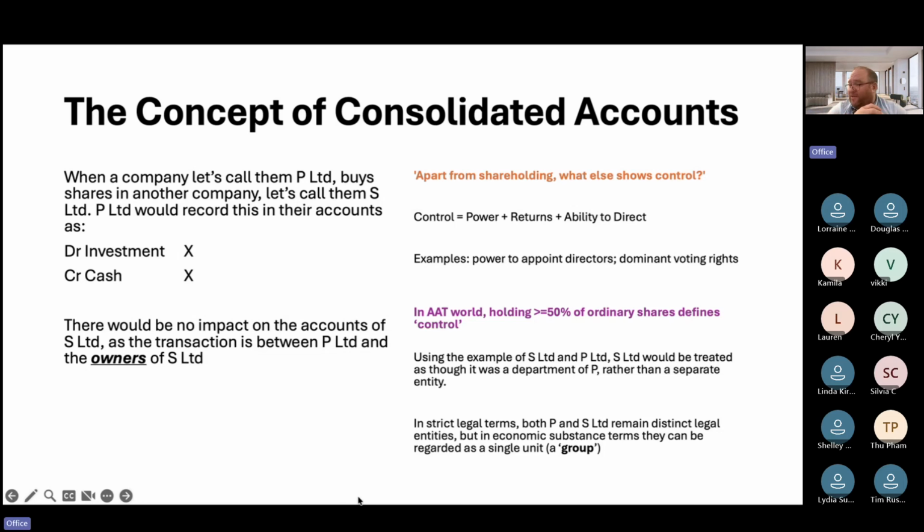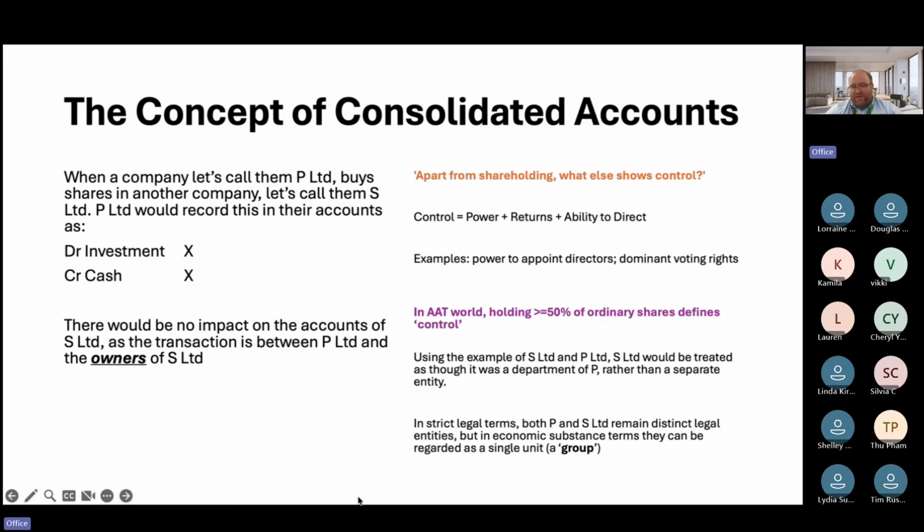Certainly from an AAT perspective, and generally out in the big bad wide world, holding 50% or more of the ordinary shares would define what's known as control. I know there's lots of people who think that if you've got 50% of the shares, you don't have control, because really you need 51%. From an AAT perspective, as long as you own 50% or more, then you're exercising a level of control over that business.